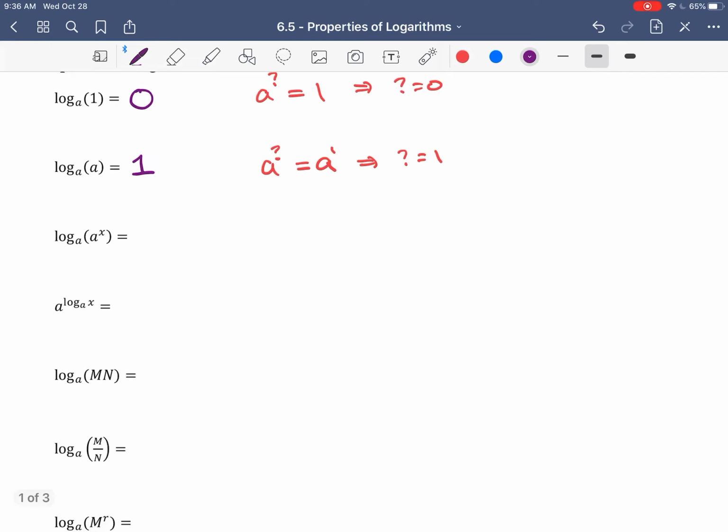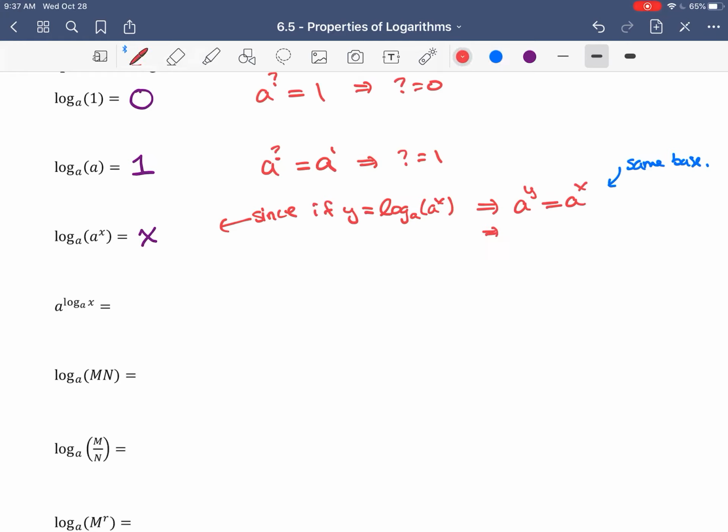So similarly, if I have log base a of a to the x, this is going to be x, since, okay, so if y is equal to log base a of a to the x, if we use our transformation, that means that a to the y is equal to a to the x. These guys have the same base, so that means that x has to be equal to y. Okay, and y was our log, so then our answer is x.